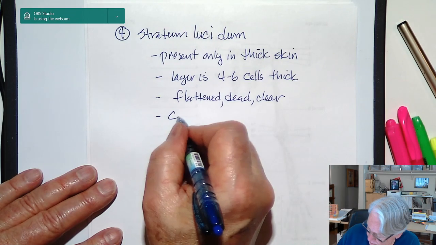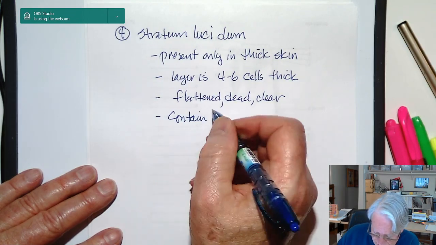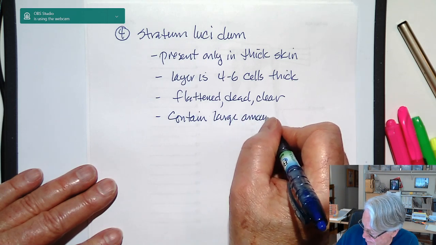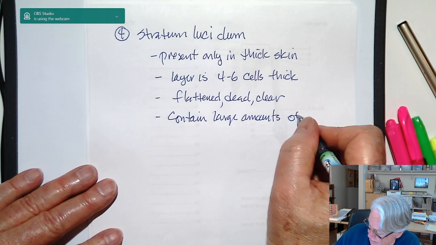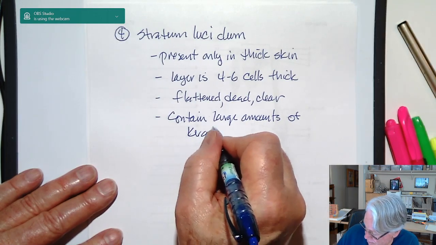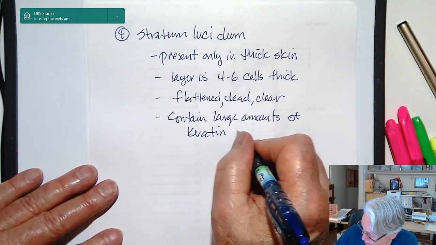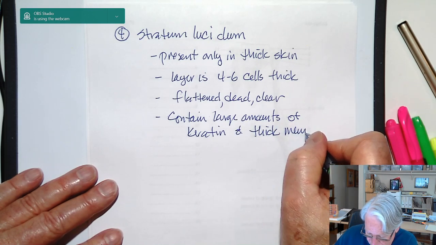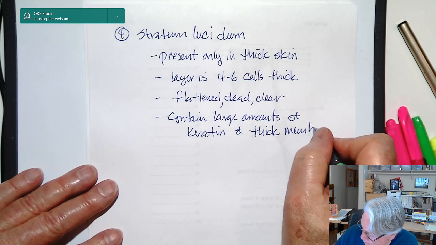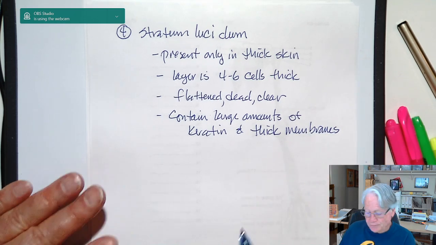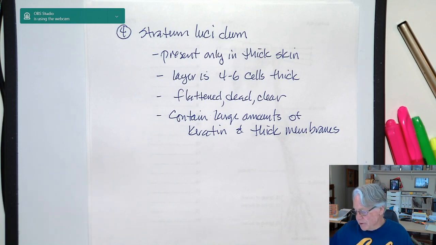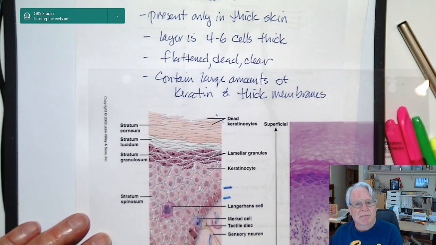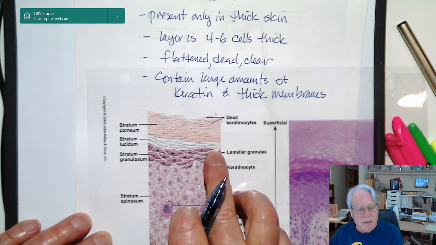And they contain, or it contains, large amounts of keratin and thick membranes, which tends to make it clear in appearance. And there's the stratum lucidum, this layer right there.